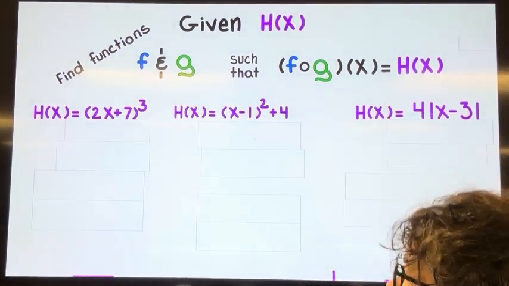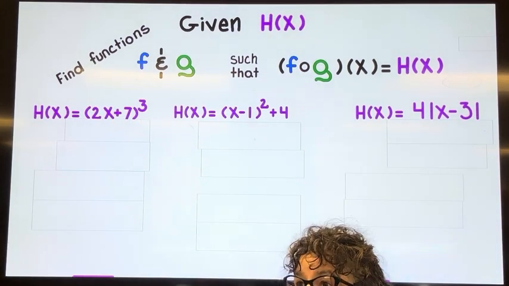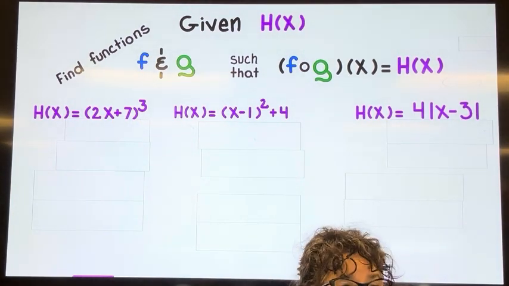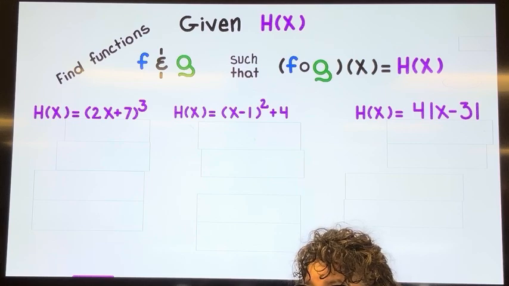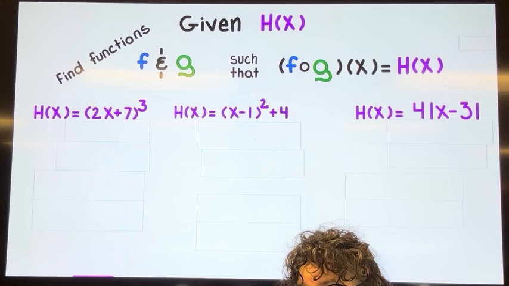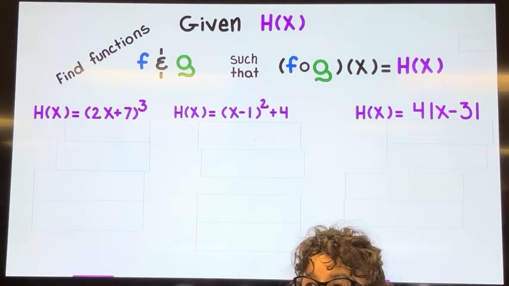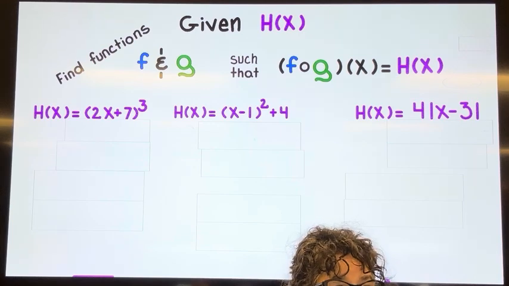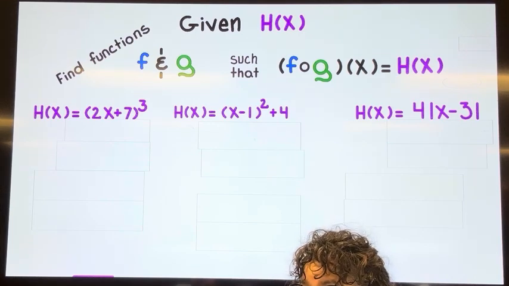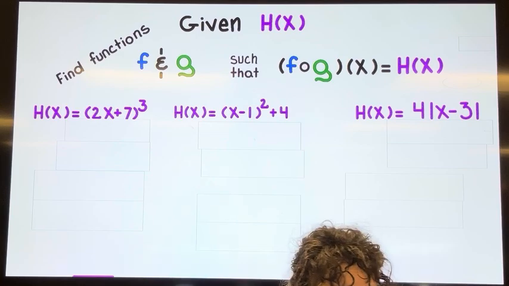Okay, so let's start off with this first one here. I have h of x is equal to the quantity 2x plus 7 cubed. One big strategy is whatever is in parentheses, or maybe less specifically in grouping symbols, is usually your input function. Because good notation when you're about to make substitution is to turn the variable into a set of parentheses and then insert something.